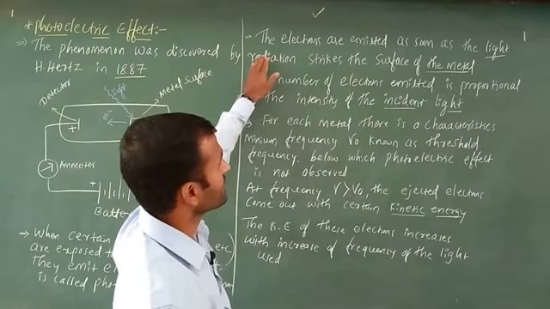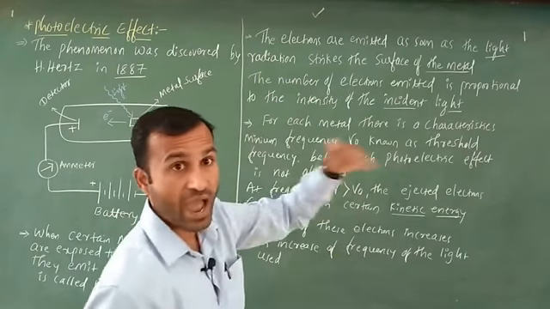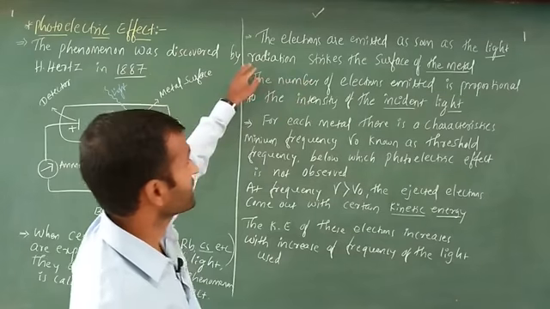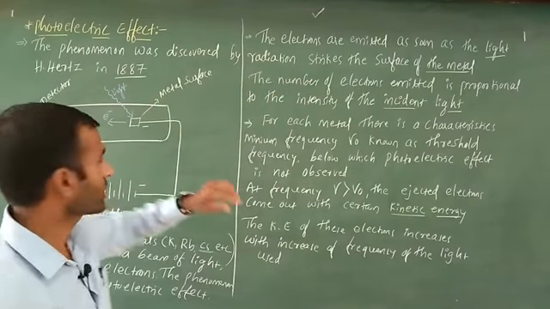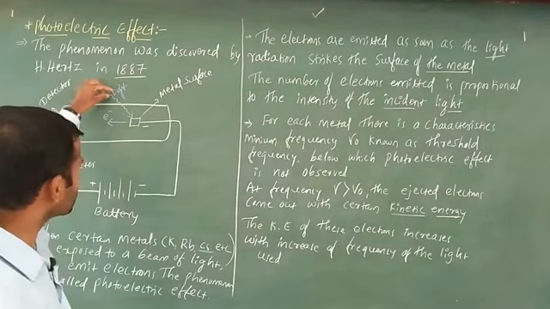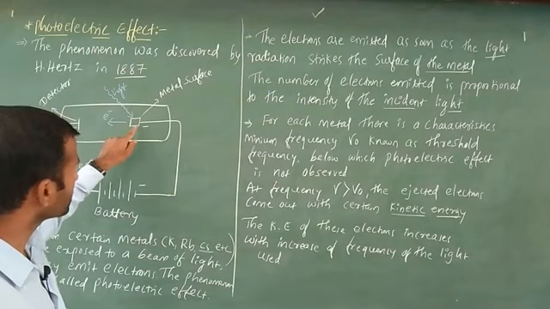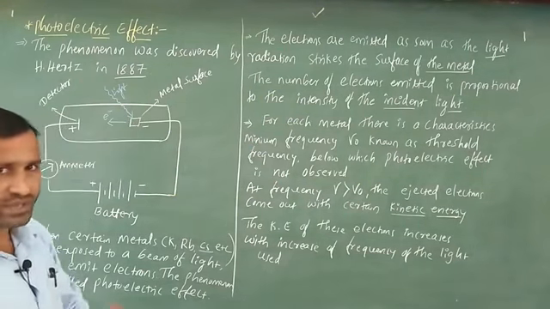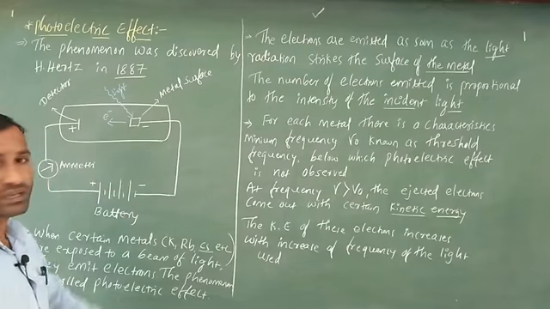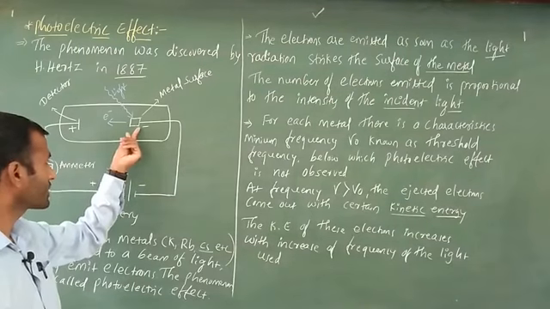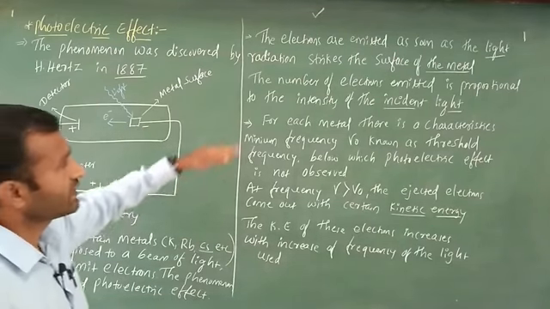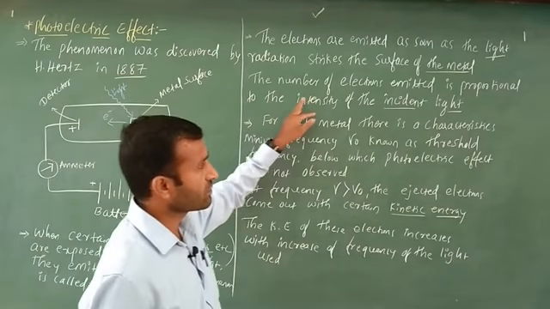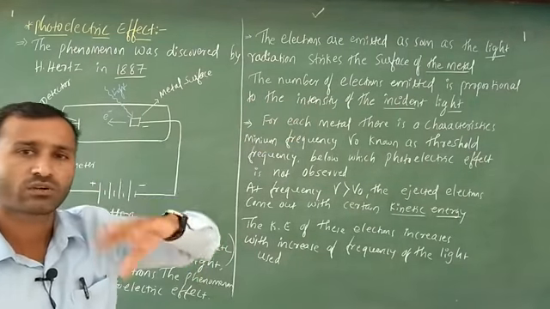The second point: the electrons are emitted as soon as the light radiation strikes the surface of the metal. When light falls on the metal surface, it immediately starts donating electrons. Next, the number of electrons emitted is proportional to the intensity of the incident light.